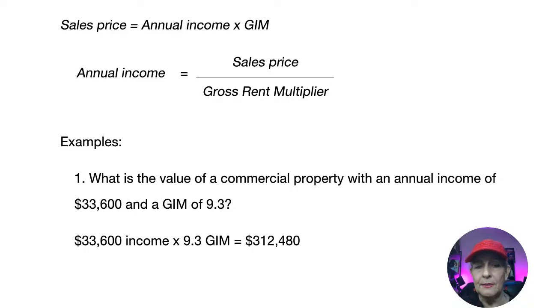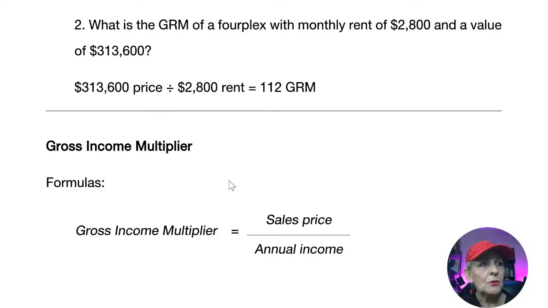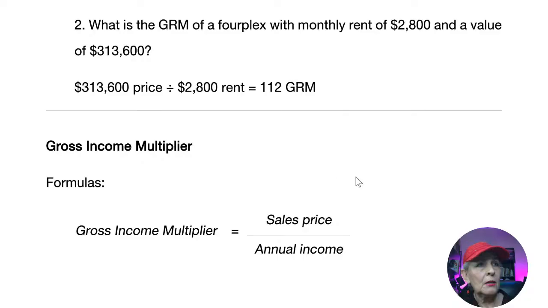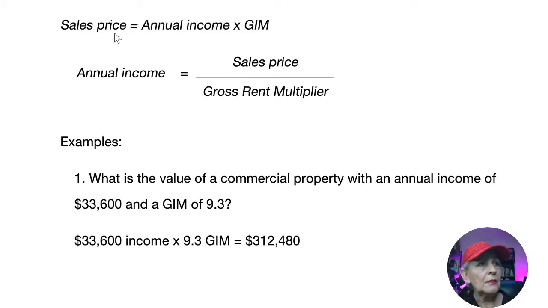So we're looking for sales price, right? The sales price equals annual income times GIM. So 33,600 is 12 months of income times 9.3 GIM gives us a property value of $312,480.